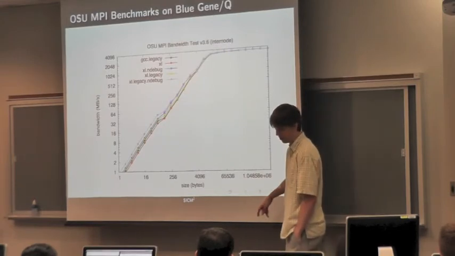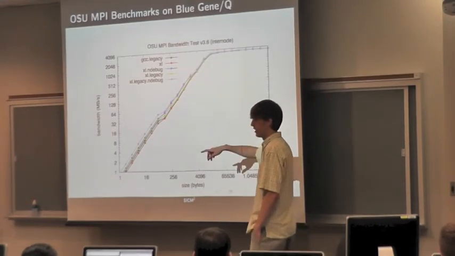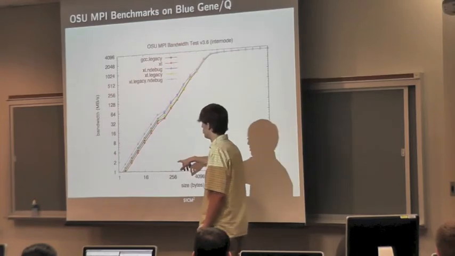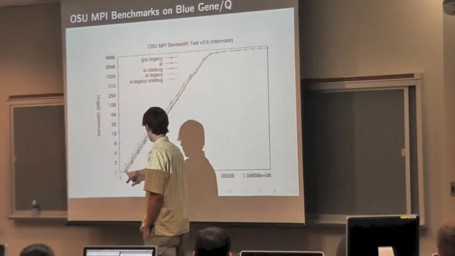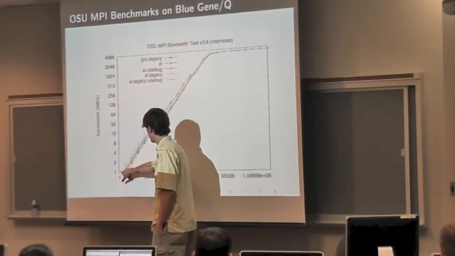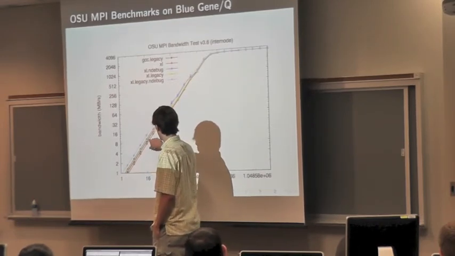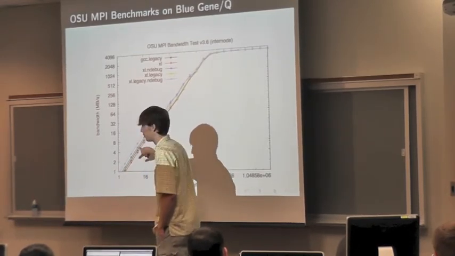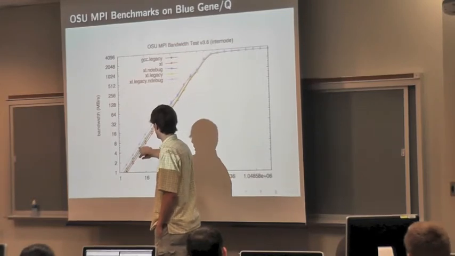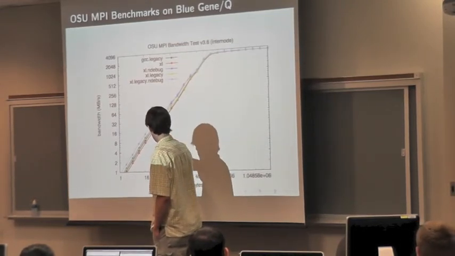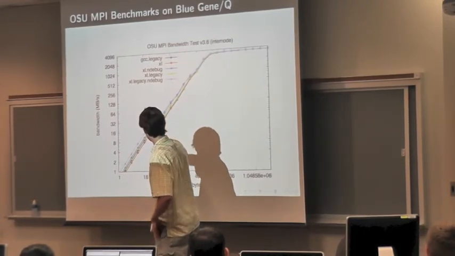So this is bandwidth. This is a fairly nice but characteristic plot. The bandwidth is a function of message size. You go from 1 byte, and basically you see that the bandwidth improves. Of course, this is a log-log plot, so the bandwidth improves linearly on the log-log scale up until 64, so you hit the 1 packet.